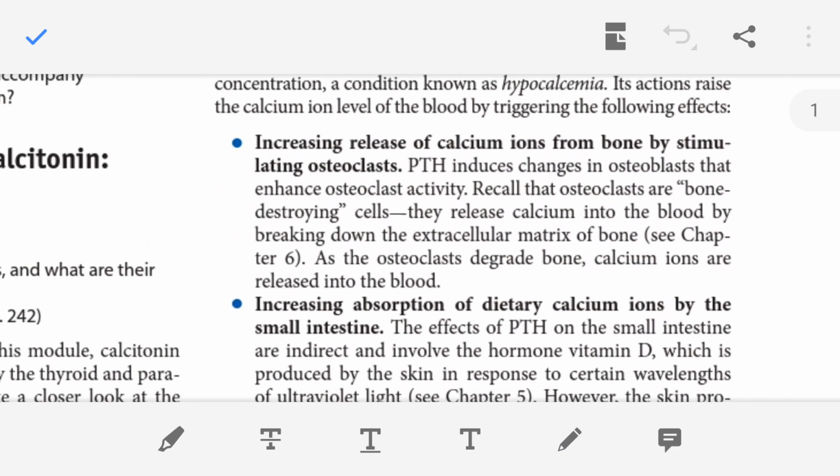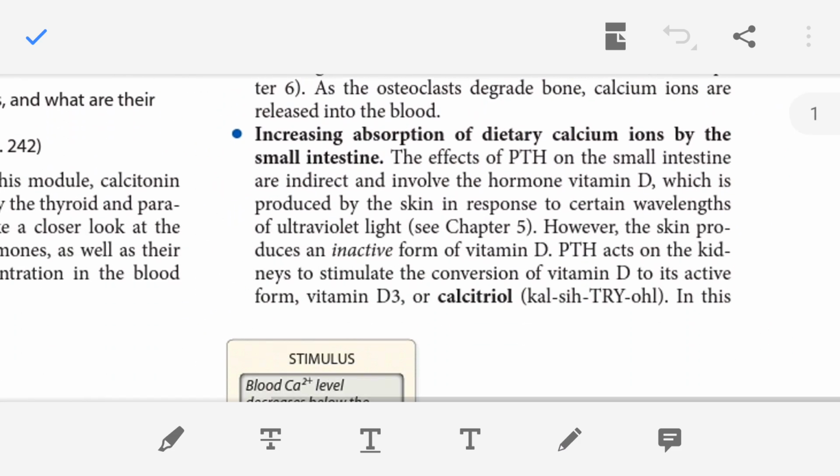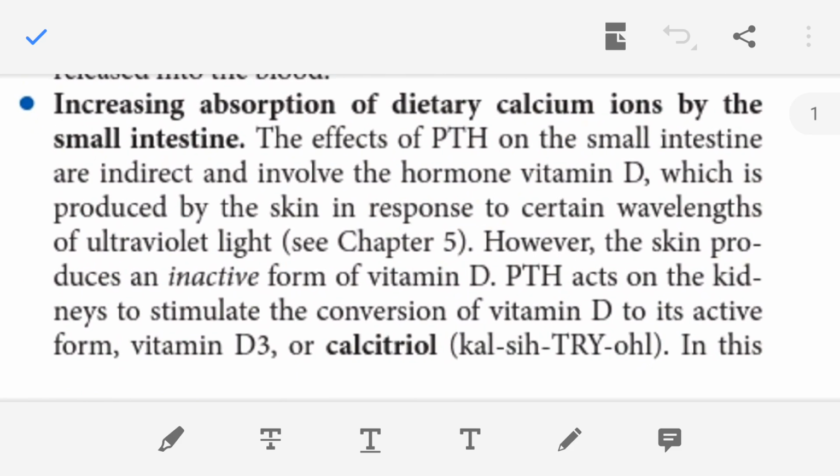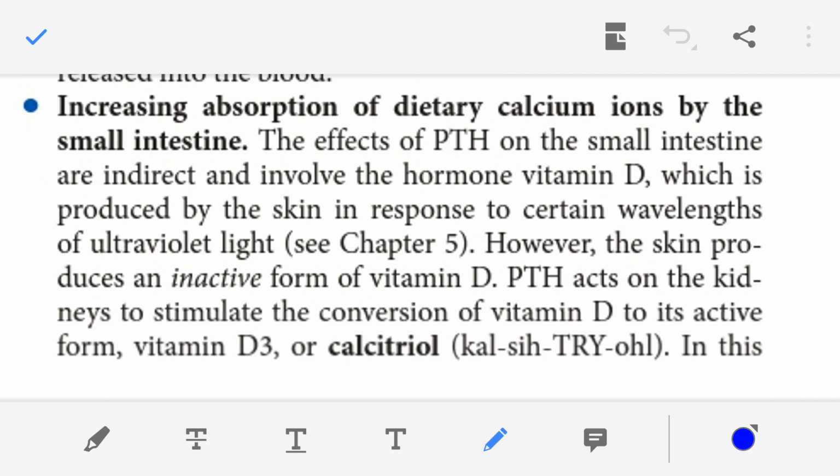Okay, then the second method, or the second route by which the PTH is increasing calcium ion concentration in blood, is that it is affecting the small intestine to absorb dietary calcium ion.